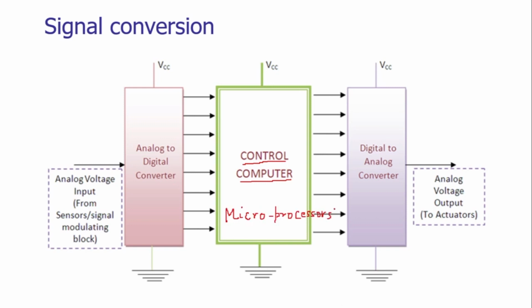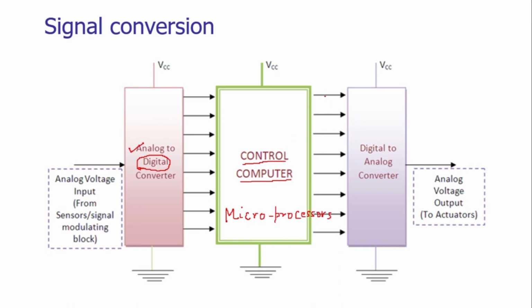So the microprocessor is able to process the digital data, but we are getting the analog data from the sensors. So a variety of sensors, a variety of signal modulating blocks we are using in the automated systems. We need to convert the analog signals into the digital form.